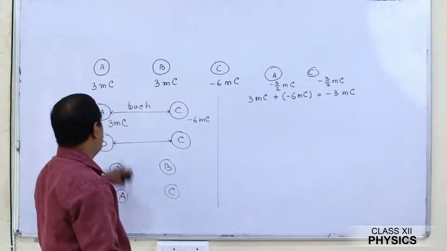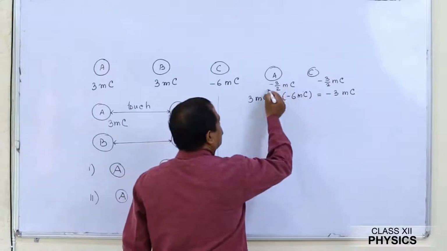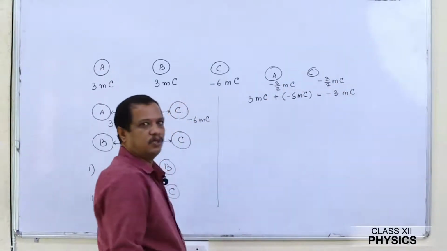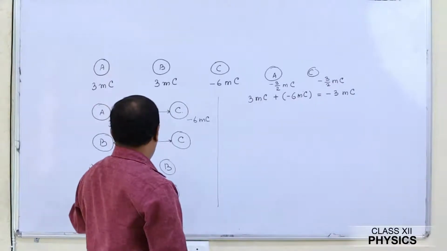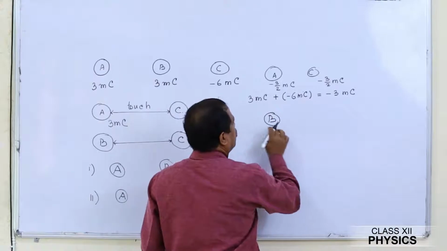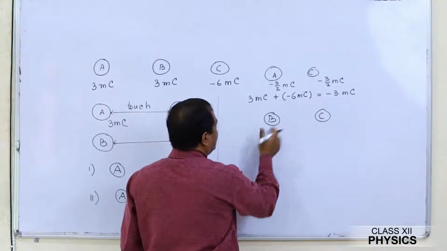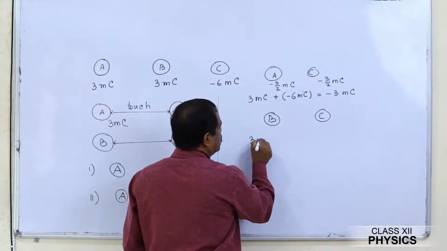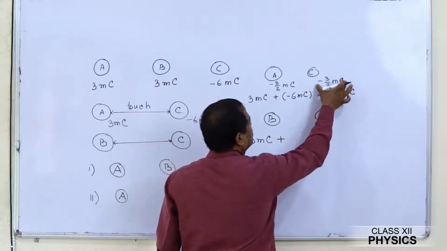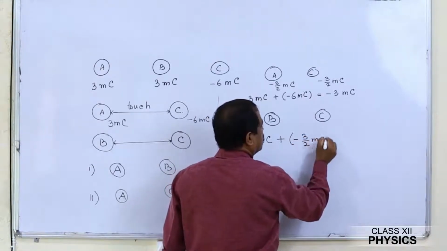On touching body A with C, body A will have a charge of minus 3 by 2 and body C will have a charge of minus 3 by 2. Next, I take body B and I touch this body B with body C. I know body B has 3 millicoulomb charge and body C now has a charge of minus 3 by 2 millicoulomb.